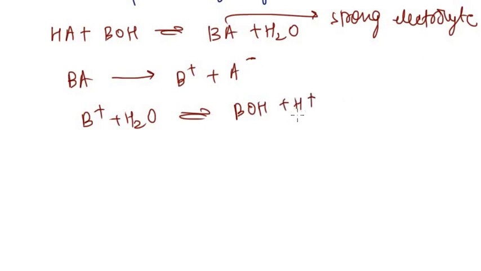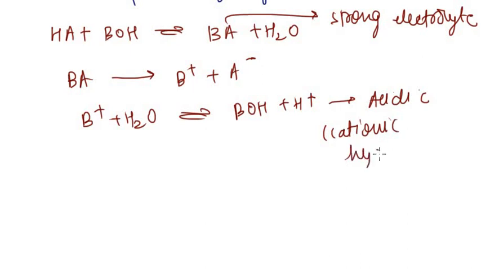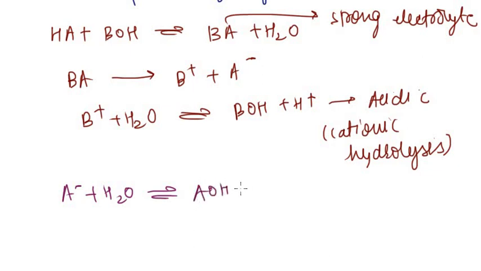Since this is releasing H plus in water, or increasing the concentration of H plus, that one is known as acidic, or we can say cationic hydrolysis. And now when A negative reacts with water, it will form HA plus OH negative.